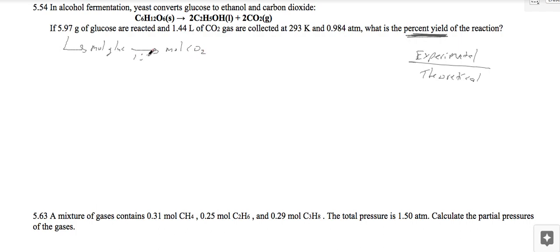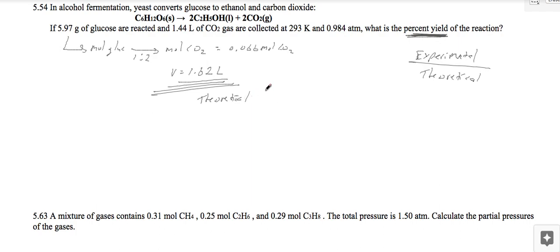Notice there's a 1 to 2 ratio here, and that gets us 0.066 moles of carbon dioxide. Plug that into PV = nRT, and we end up with a volume of 1.62 liters.